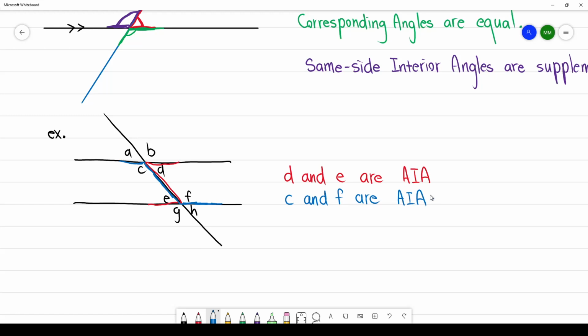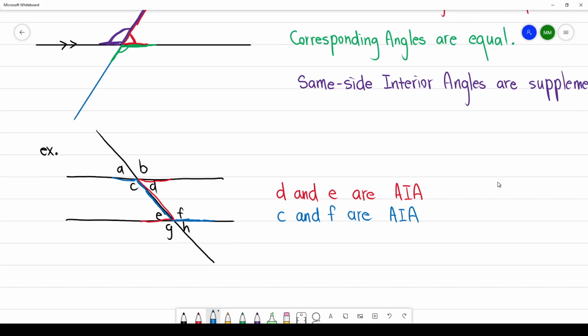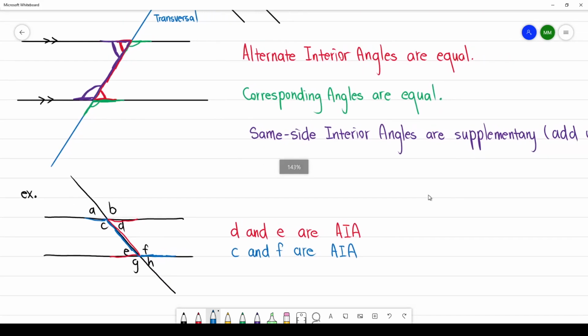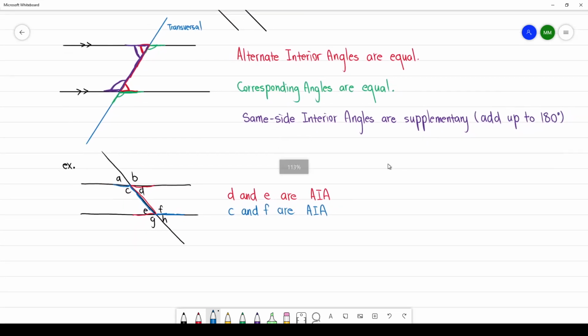So now how about same side interior angles? What are the sets of same side interior angles? So maybe let me pull up the definitions again.